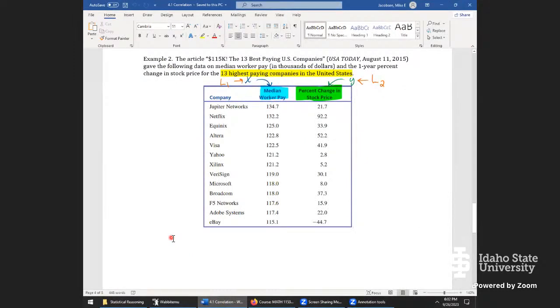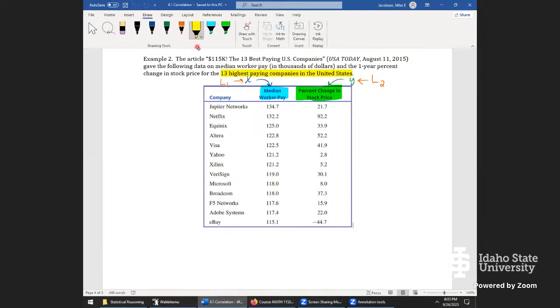We were looking at this example where we have the 13 best paying US companies. Amongst those 13 top paying companies, they recorded 2 numerical variables. So for this bivariate data set, we have median worker pay tied together with the percent change in stock price. For example, if we look at a random row here, I have no idea what that company is. Anyone happen to know what Xilinx is?